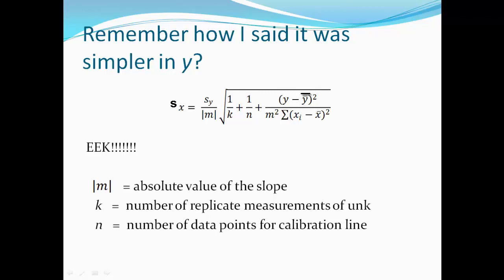Your book gives you two examples. They give it to you as one replicate, and then on the side they also give you 4 replicates, so you can compare those two answers. And then n is the number of data points for the calibration line, which is 14 for the example that we did. Y bar is the mean value or the average of the y for the points on the line.